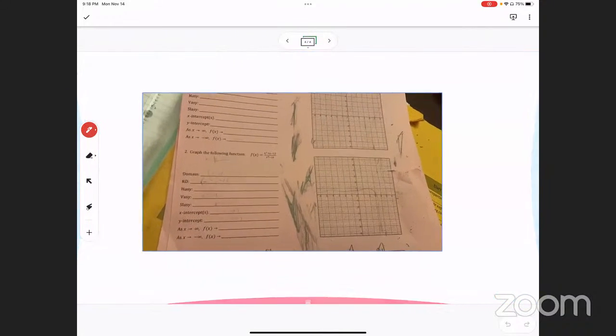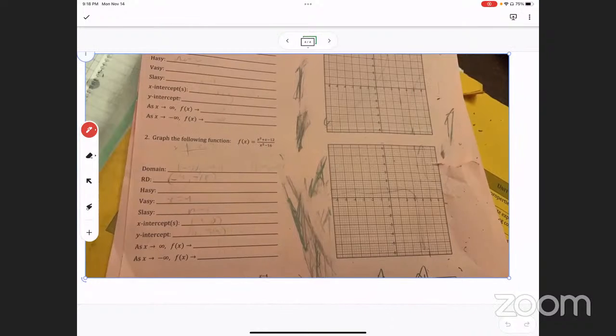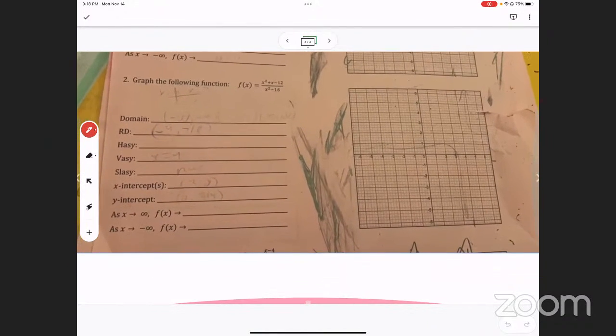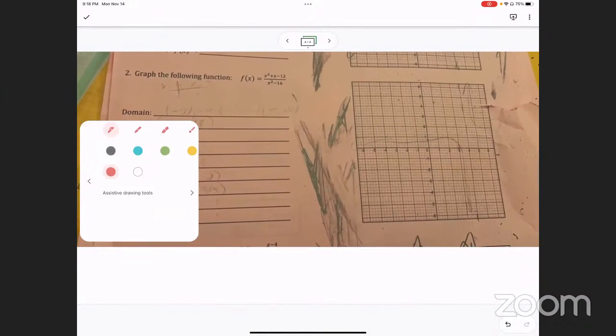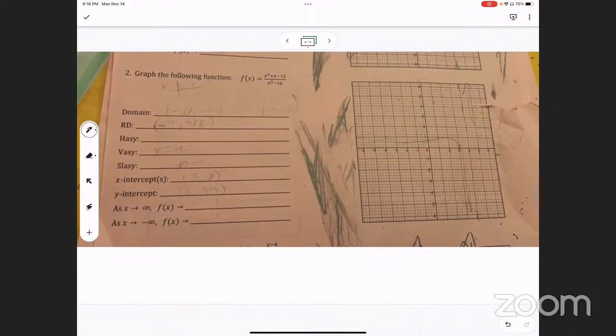I'll just jump to the next one and give you one last one. All right, graph the following function. So I'm going to do this quick. Let's factor the top and bottom. This is going to be x plus 4 and x minus 3. And this is going to be x plus 4, x minus 4. So these cancel out. That means you have a hole.